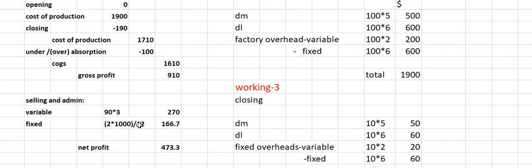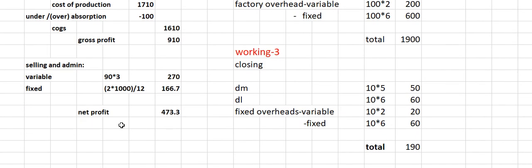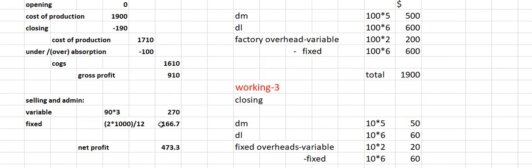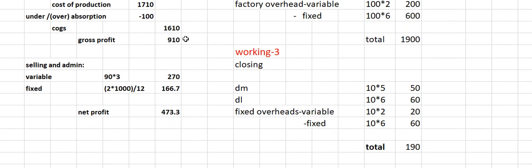We divide it by 12 to get the per month fixed overheads, so it is 166.7. So the total net profit in the month is 910 minus 270 minus 166.7. So total net profit is 473.3.